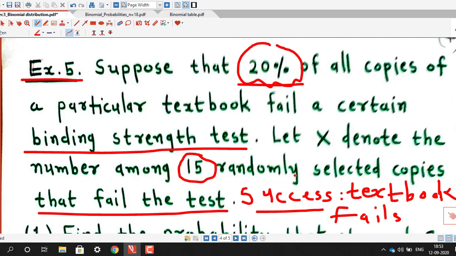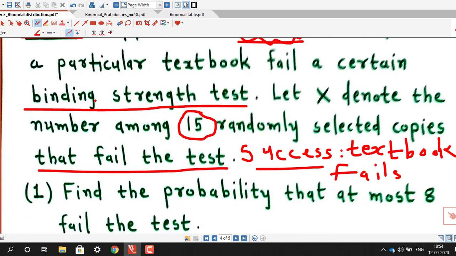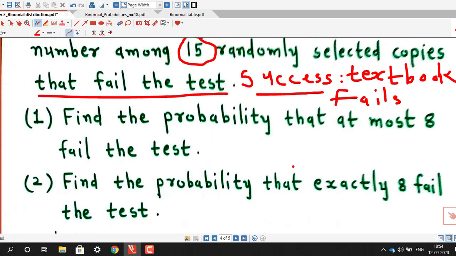So the probability of success remains constant. And also it is clear that if we consider one copy for a binding strength test, then it does not depend on the remaining copies. So the trials are independent. So in this problem all the conditions of binomial distribution are satisfied. So we can use the probability mass function formula of binomial distribution. So here we have to calculate these two probabilities.